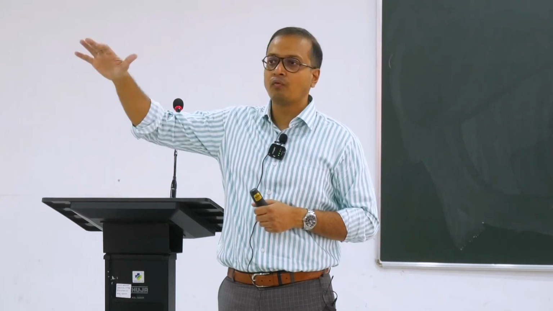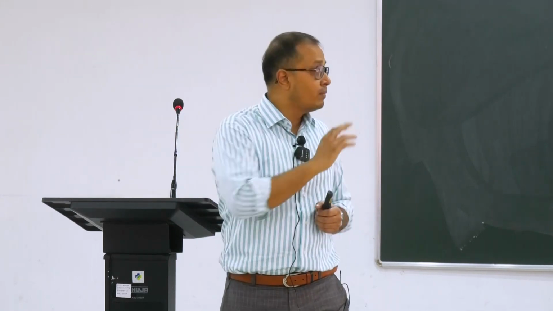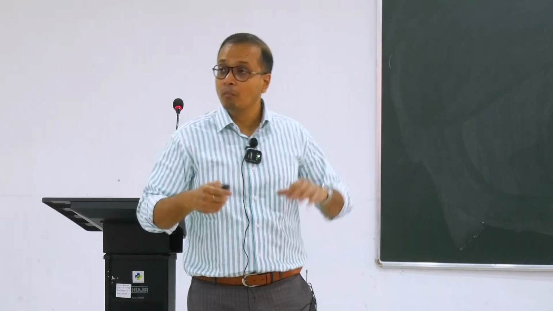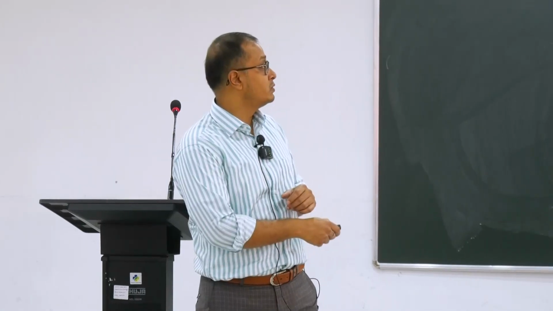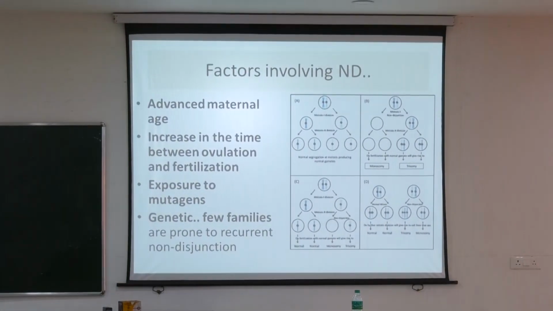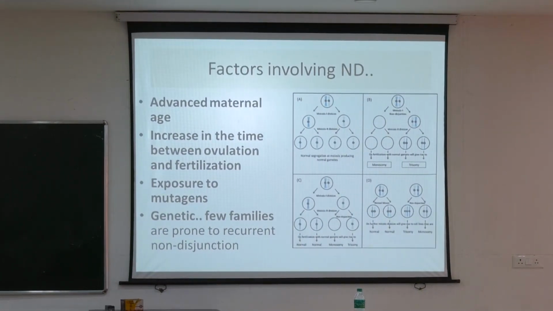If the mother has advanced age, beyond 35, 36, close to 40, non-disjunction is more frequently seen in those individuals. So, advanced maternal age is one of the factors where this separation error of the chromosomes or chromatids happens. This is one of the reasons.